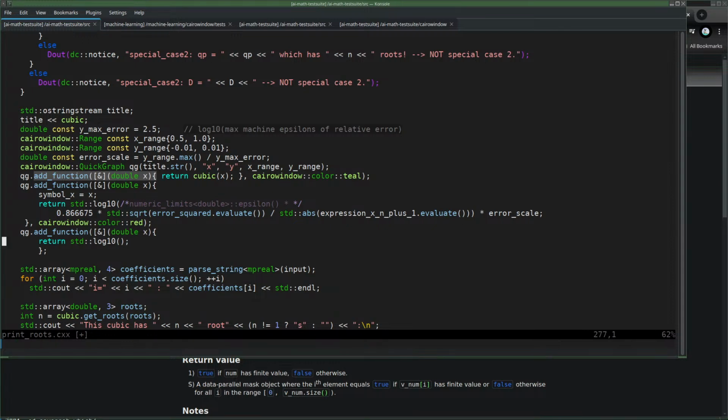Scale, I don't know yet. And then I want to, well, probably I need an absolute value no matter what.